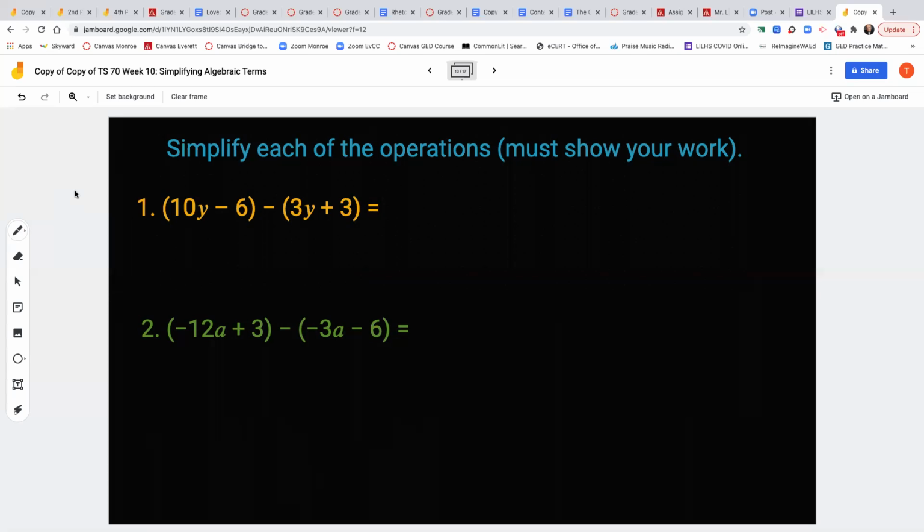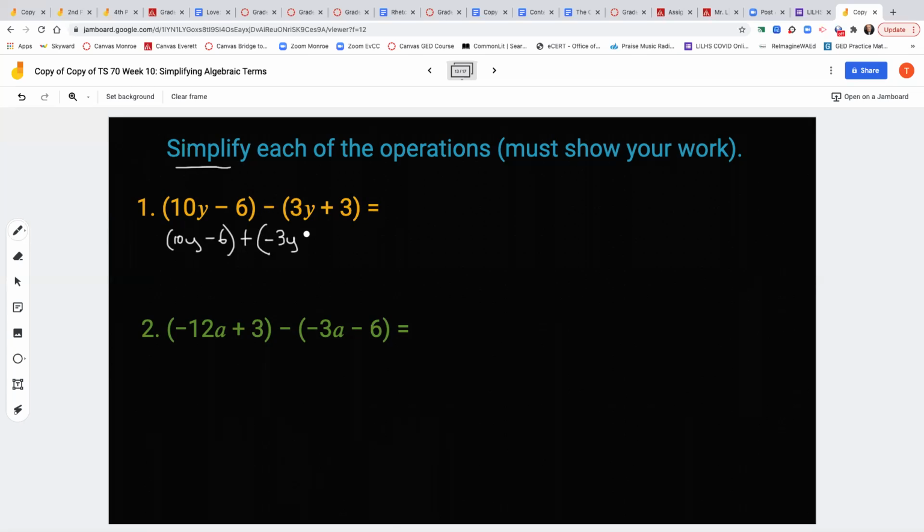Okay, it says to simplify, that's where we're supposed to simplify each of the operations. I'm going to show you work. The first thing I would do is 10y minus 6. Then I would go plus, in parentheses, minus 3y, because I applied that minus to it.